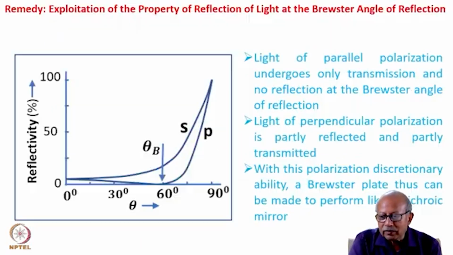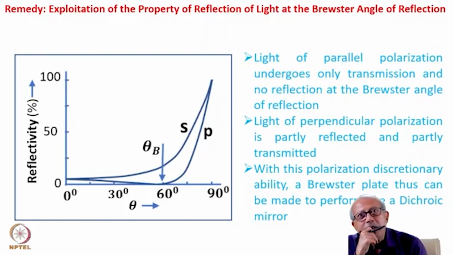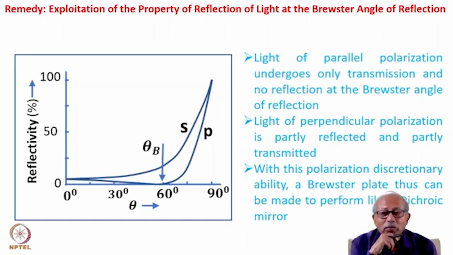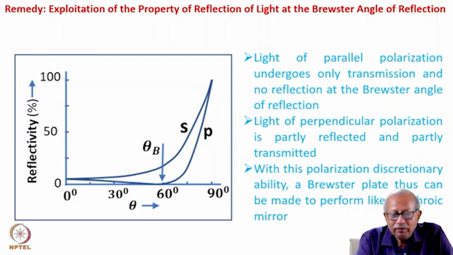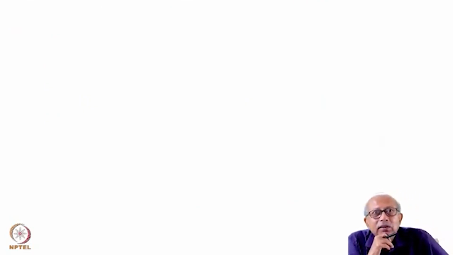So then, what is the remedy? Remedy is to make use of the reflection property of light at Brewster angle. We have already seen in one of the previous classes where we discussed the various properties of light. There we have studied polarization as one of the important properties of light.